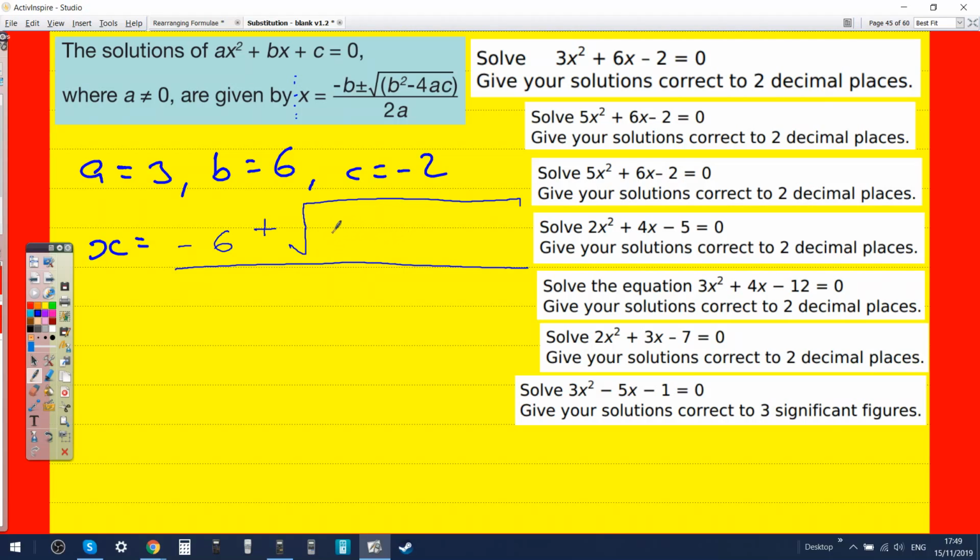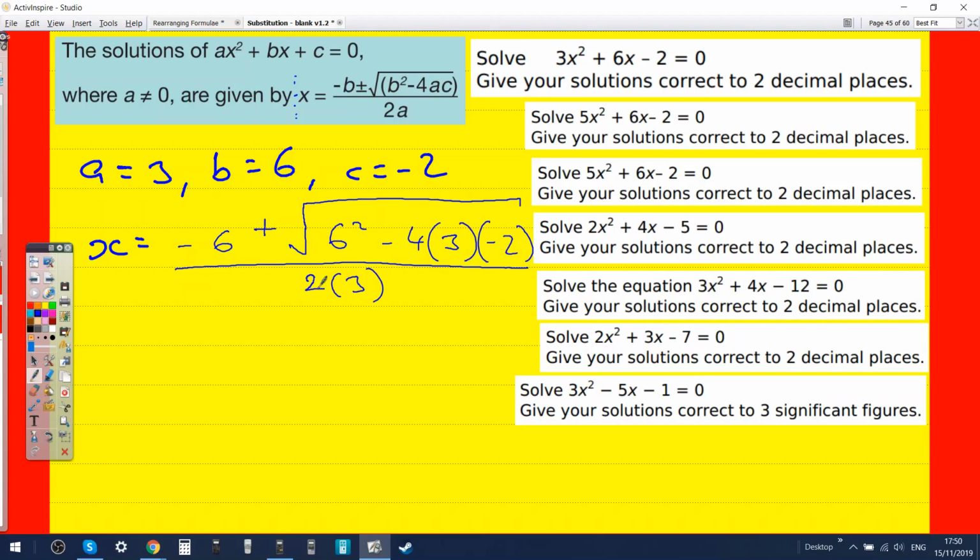So 6 squared minus 4 times 3 times minus 2. And then over 2a, so 6. And this is a calculator question. So minus 6 plus 6 squared minus 4 times 3 times minus 2.